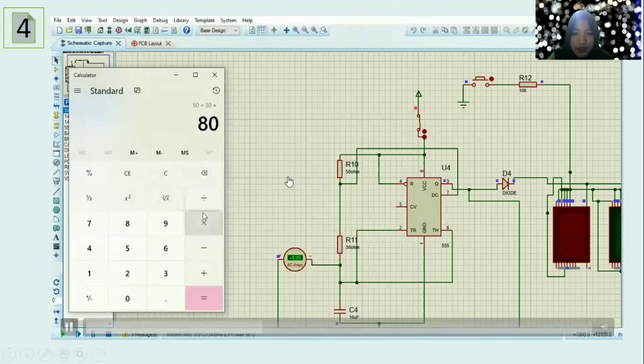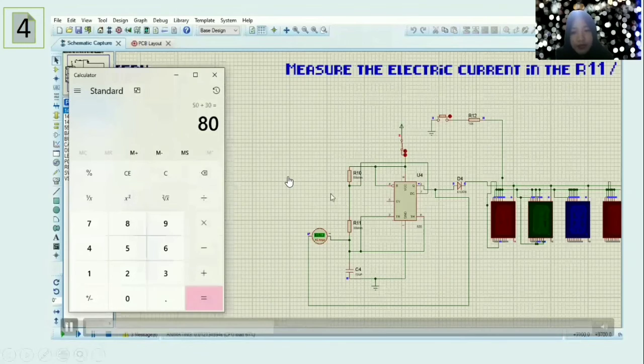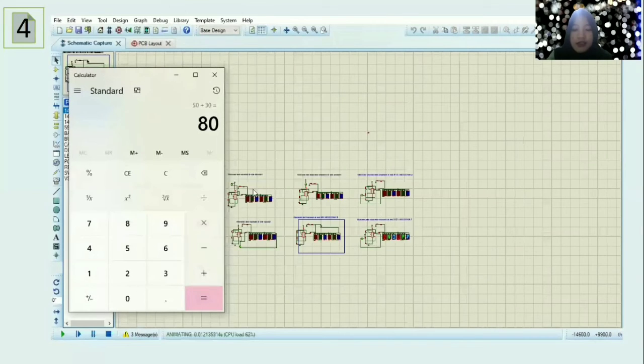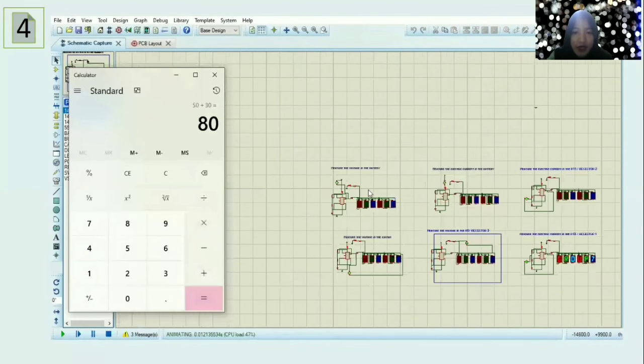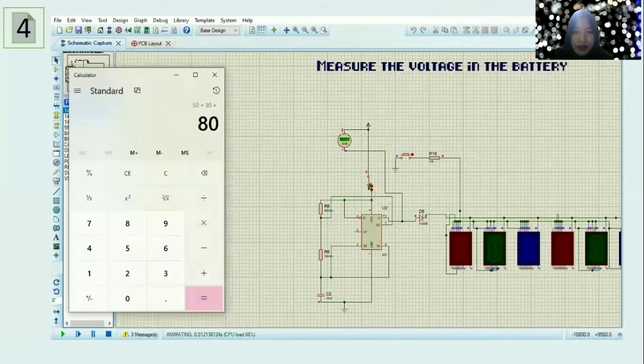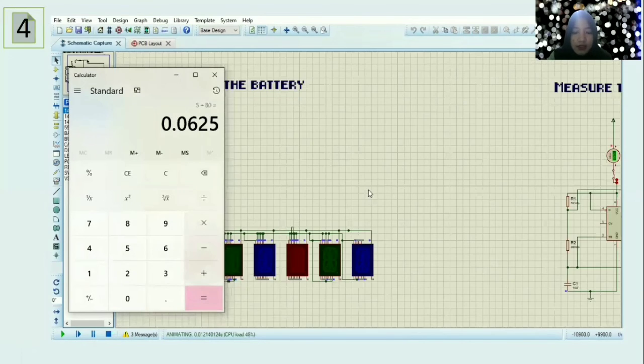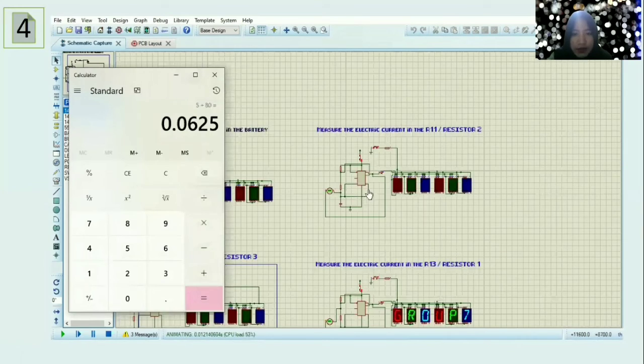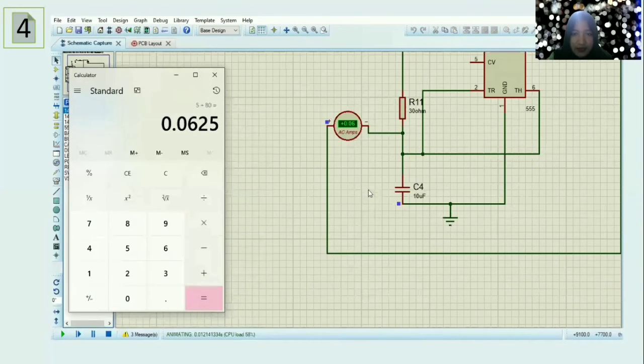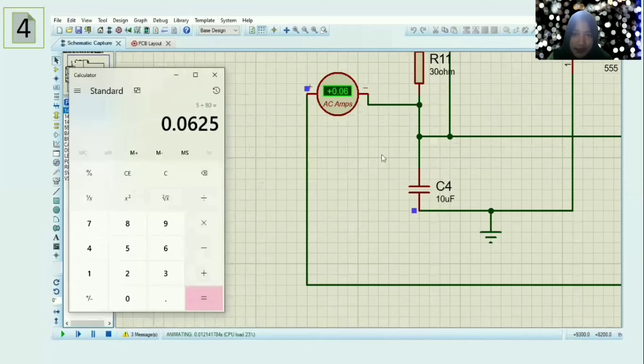Because the resistors are attached in series, and the formula of electric current is the voltage divided by the resistance, finally the electric current at the second resistor is 5 divided by 80, equal to 0.0625, rounded to 0.06.